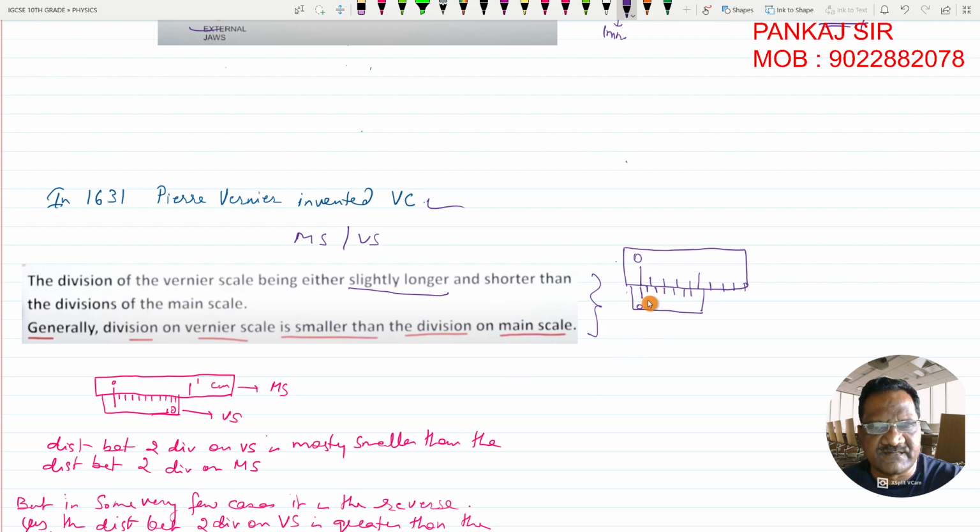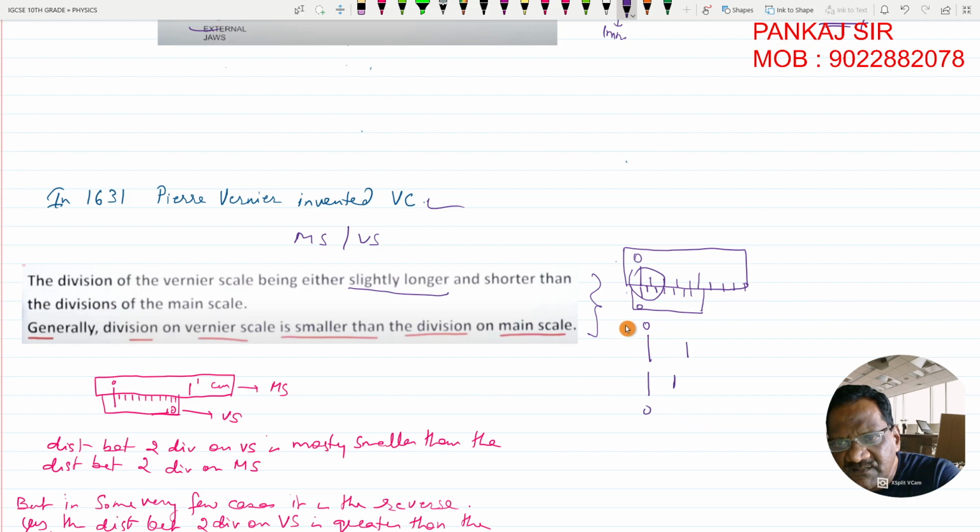So here, if you concentrate on this region, suppose this is the 0 of the main scale and this is the first division of the main scale. I am magnifying this particular thing, and this is the 0 of the vernier, and this is the first division of the vernier scale.